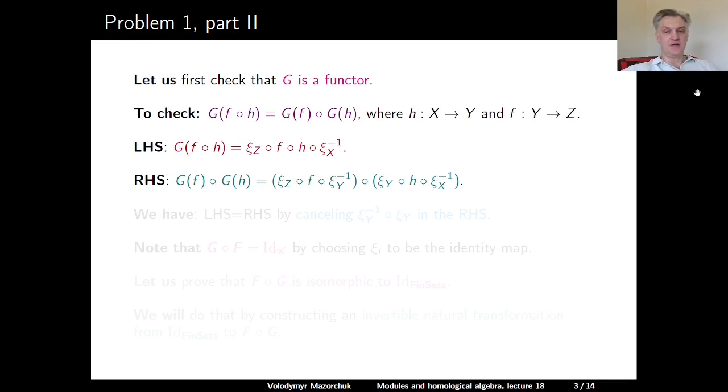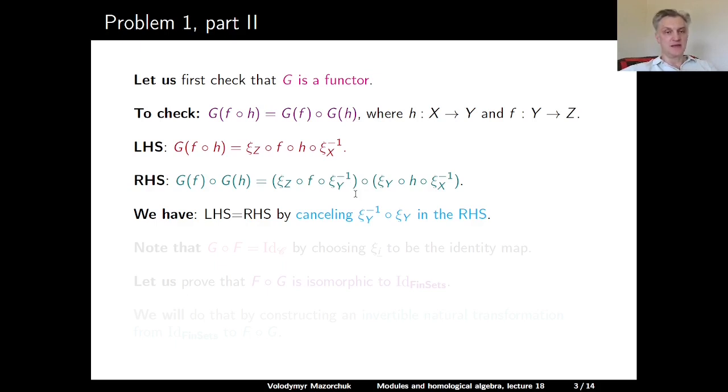G of h is psi sub X inverse followed by h, followed by psi sub Y, and G of f is psi sub Y inverse followed by f, and then followed by psi sub Z. Since composition is associative, we can just ignore the brackets, and then we see that in the right-hand side, in the middle, we have psi sub Y inverse composed after psi sub Y. We can simply delete this because this composition is equal to the identity, and then we obtain exactly the left-hand side.